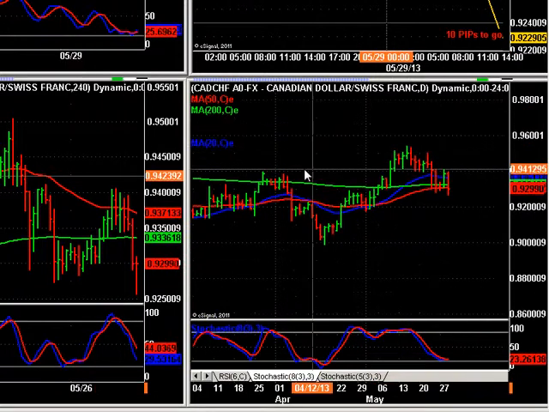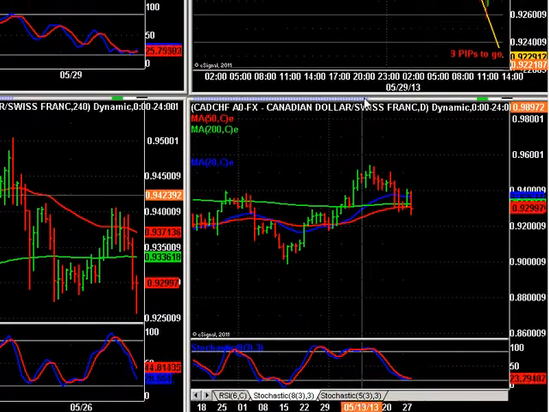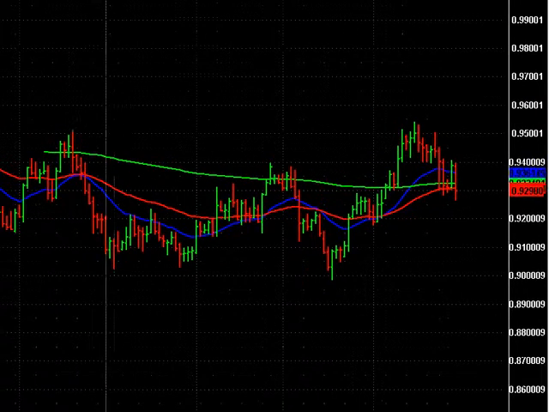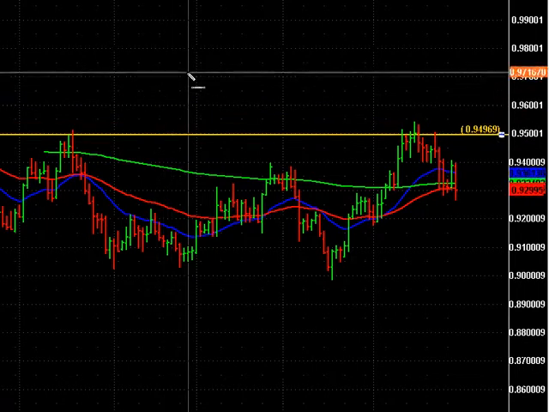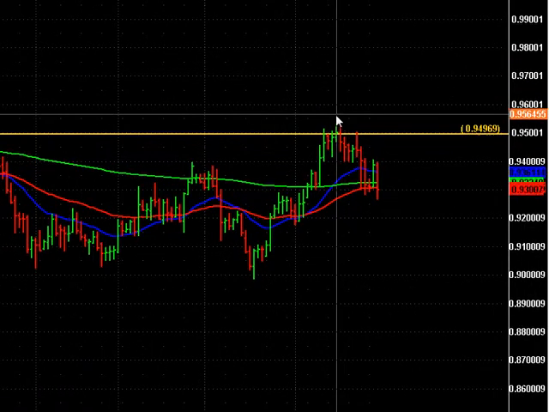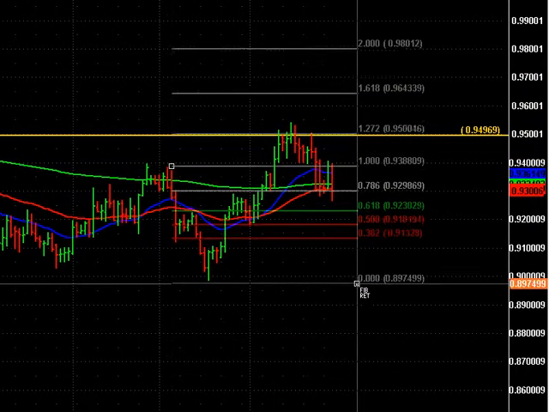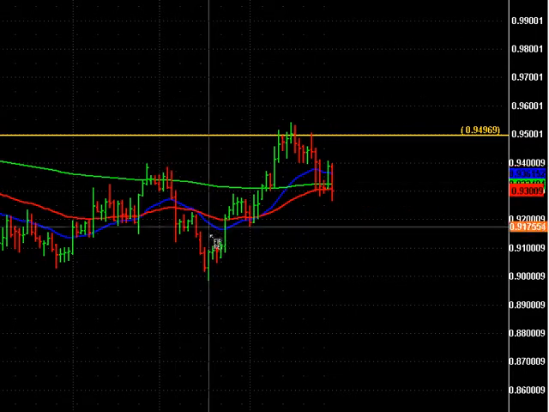Again, CAD Swiss, it's been performing quite well. It's a beautiful level there, which rejected it, and it was a 1.2 Fibonacci extension from the swing high to the swing low.